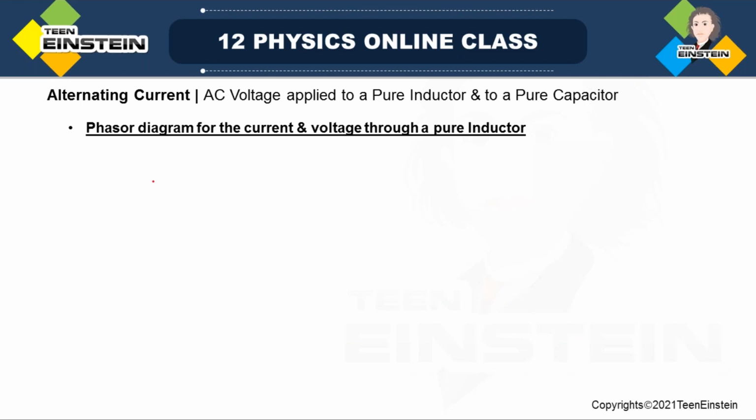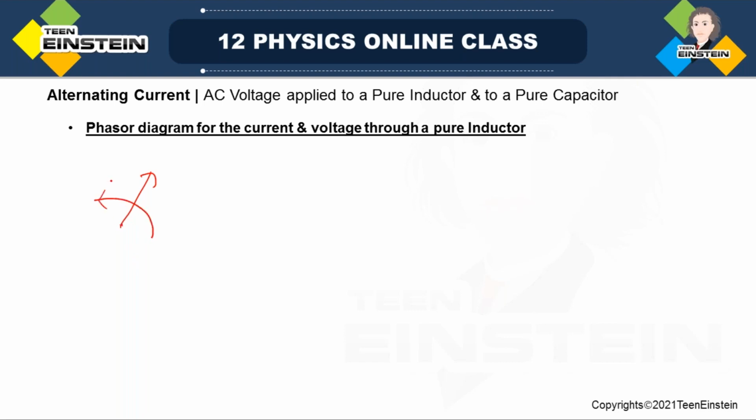So what does a Phasor diagram do? Phasor diagram is nothing but rotating vectors. In a Phasor diagram, typically in alternating current or alternating signal, in that context, a Phasor diagram has two rotating vectors. One is voltage, another one is current.